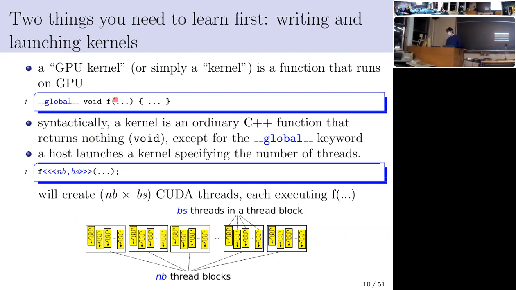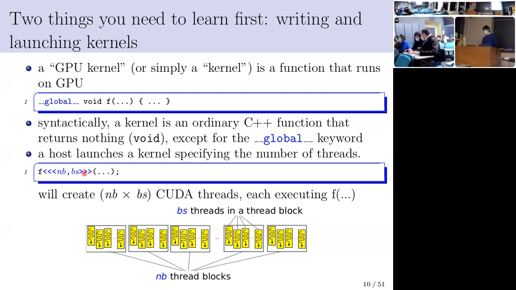And once you have this GPU kernel, a function that is supposed to run on the GPU, you can launch that kernel, specifying the number of threads using this awkward syntax: f, triple less than, two numbers, followed by triple greater than.